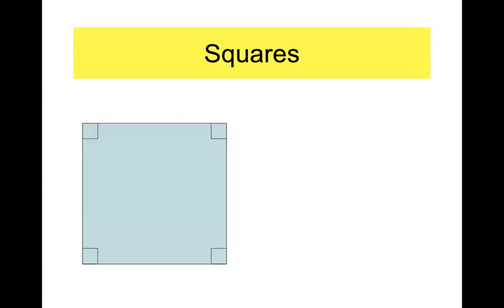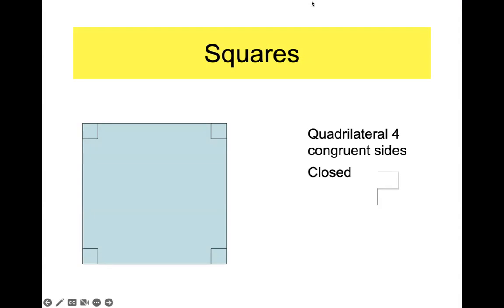I would add that. So we start off our exploration into area with talking about squares. I'm going to claim that's a square right there. So it's a quadrilateral with four congruent sides. I don't have tick marks there, but I'm just claiming that's a square. It is closed. Closed means that it's not open. Here's four sides, a little question mark looking thing. But since I can get to the inside, what do I mean?